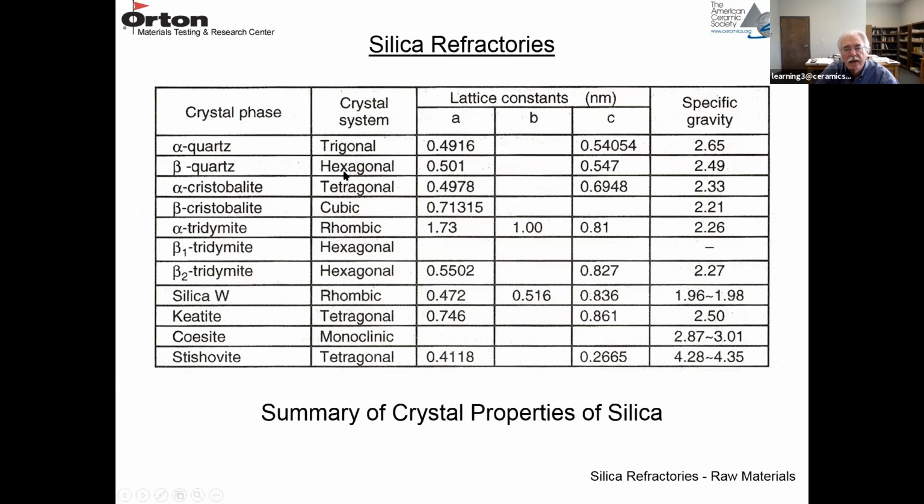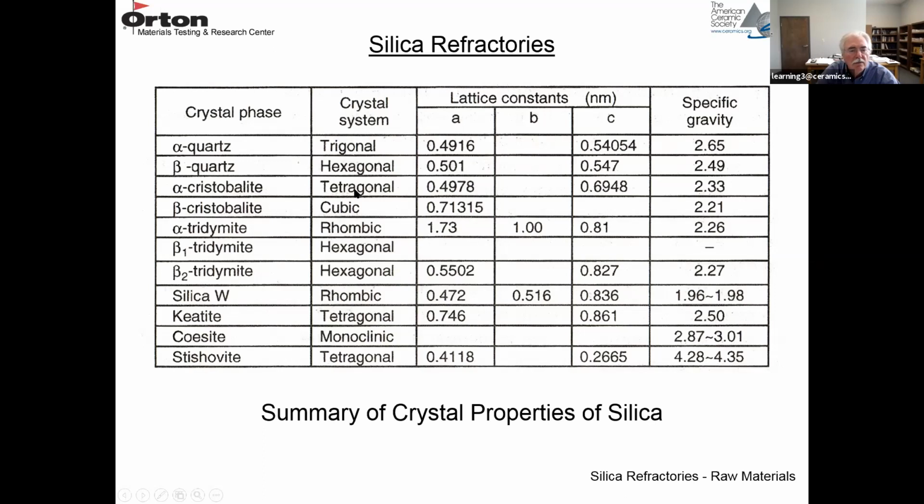Beta quartz is hexagonal, 0.49. So when you go from alpha to beta quartz, there's a density change. It's a lower density crystal structure. So there's an increase in the volume. That's the reason for the displacive transformation volume increase.